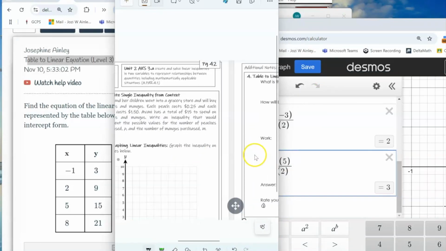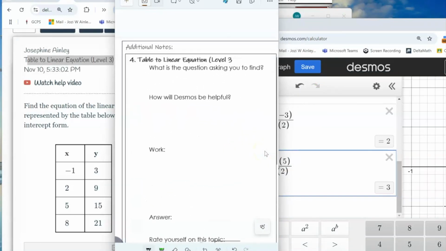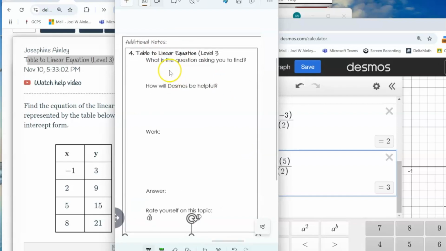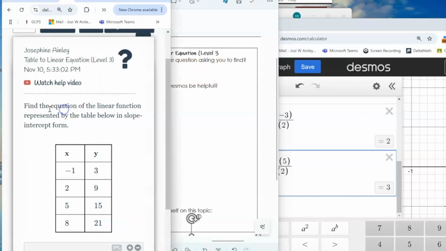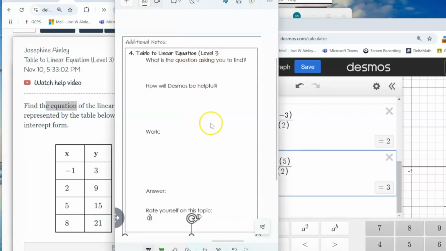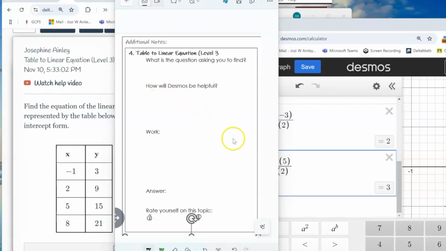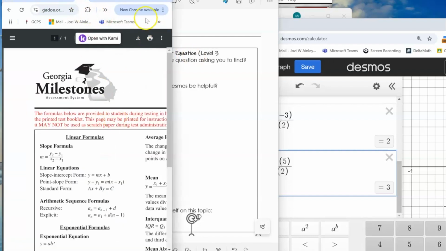In addition to that, once you finish that, if you look on the other side, there'll be additional notes. So what is the question asking you to find? When it says find the equation of the linear function, what is it asking you? What is this equation of linear? Pull out your reference sheet and see what an equation of a linear function is. Here's my reference sheet.